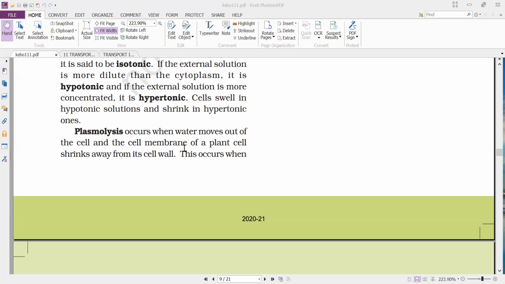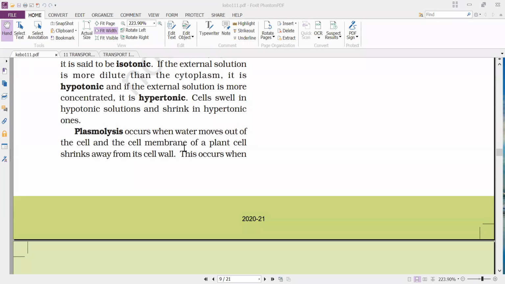Whenever the plant cell is placed in a hypotonic solution, the water will enter the cell by endosmosis. Slowly, the plasma membrane will increase and get pressed against the cell wall. That means it gets attached to the cell wall, and only up to the extent of the cell wall will the plasma membrane increase.